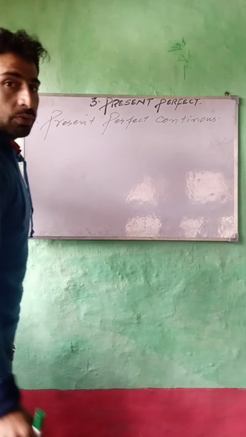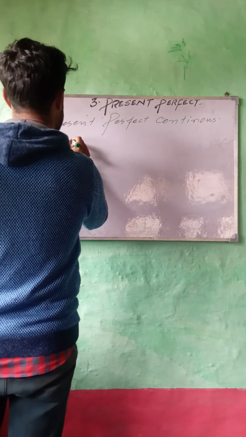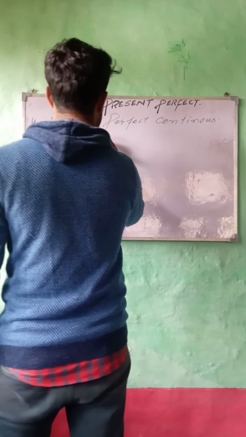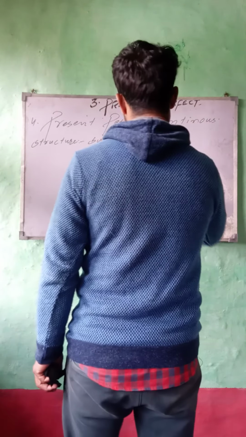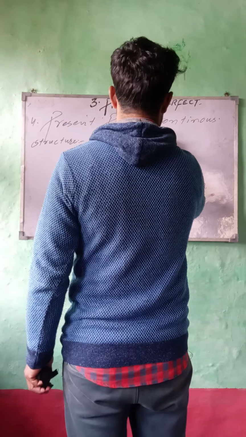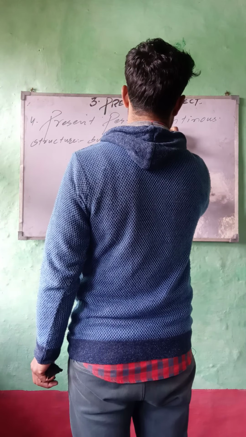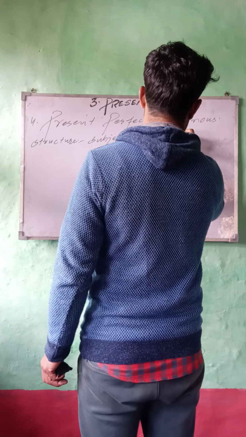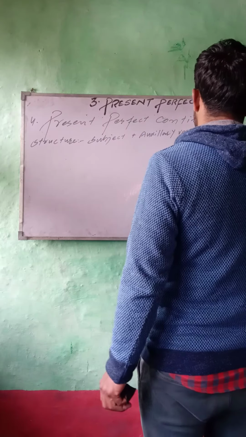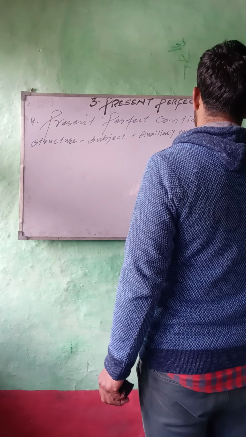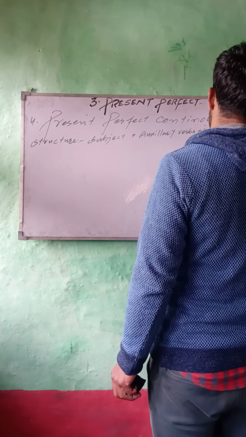The structure of present perfect continuous: subject plus auxiliary verbs, or helping verbs, plus fourth form of verb in ing form and remaining part of the sentence.